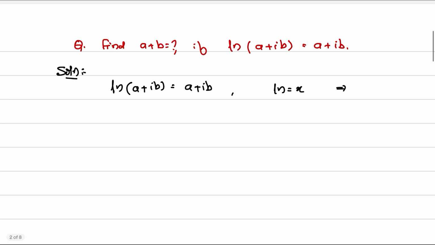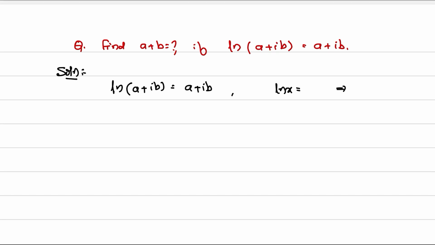That implies x is equal to e to the power of x. In this form it is there. Hence, ln of a plus ib is equal to a plus ib implies a plus ib is equal to e to the power of a plus ib.